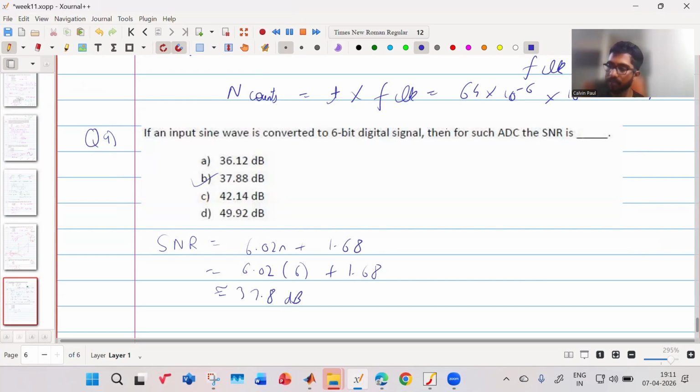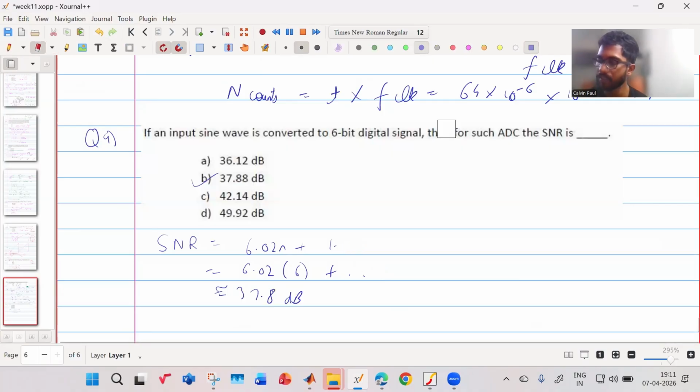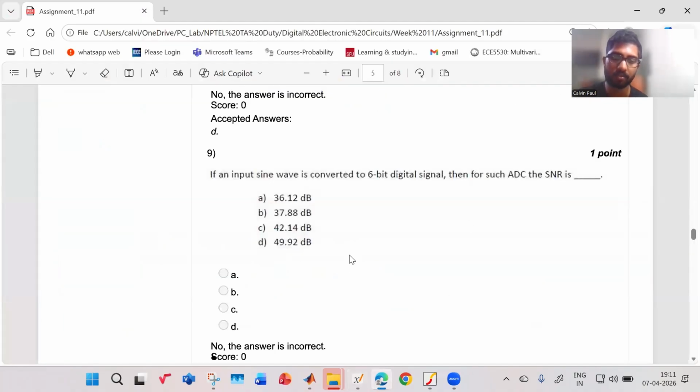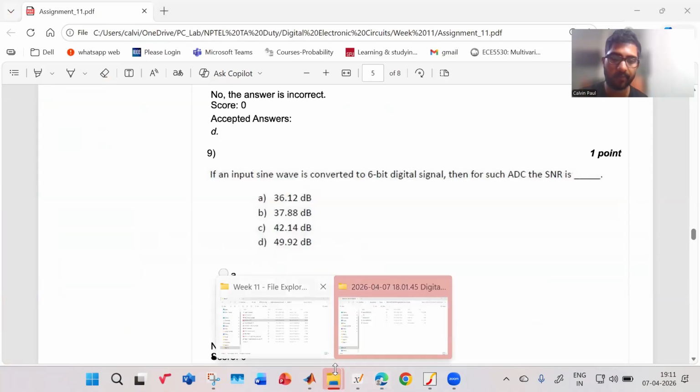If I'm not wrong, actually it should be 1.76. Okay, let us check. Notes are available.